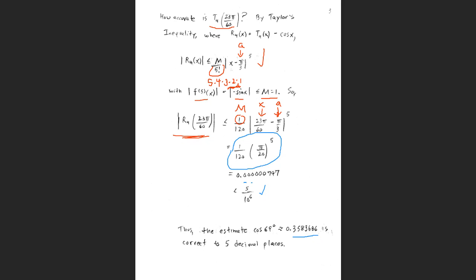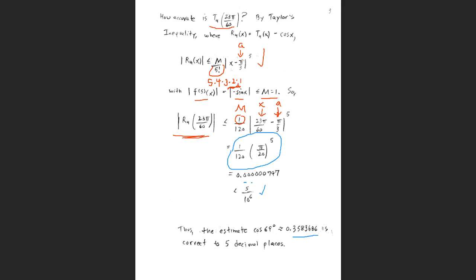What if we wanted our estimate correct to, say, 10 decimal places? Well, what would we have to do? If you want a better approximation, what can you do to the Taylor polynomial?